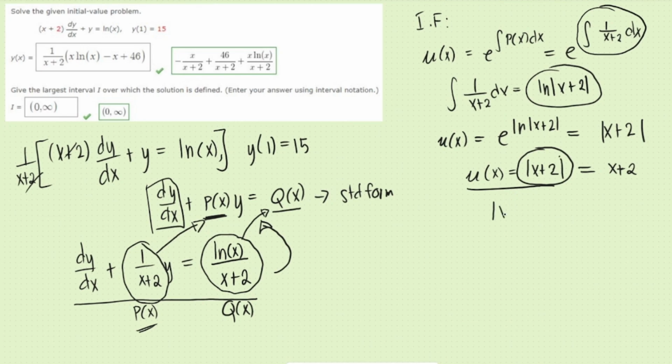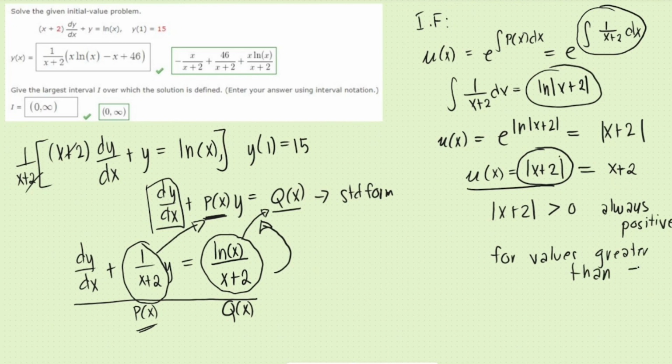It is always positive for values of x greater than negative 2.